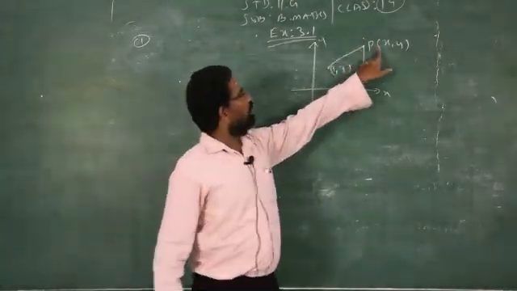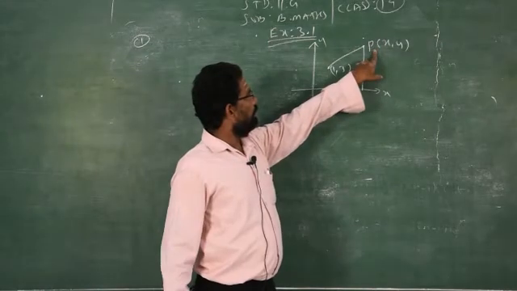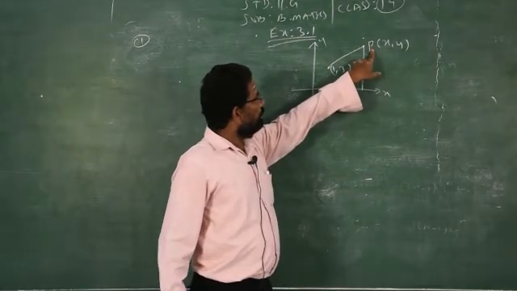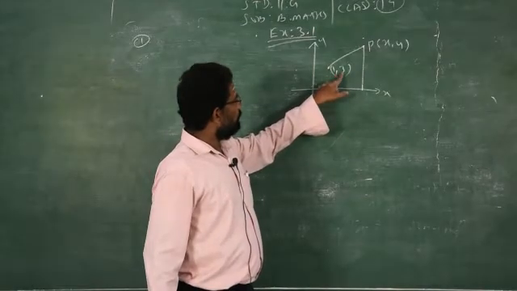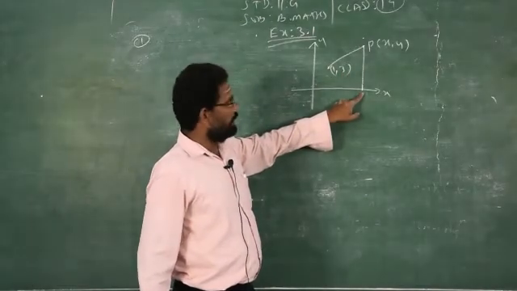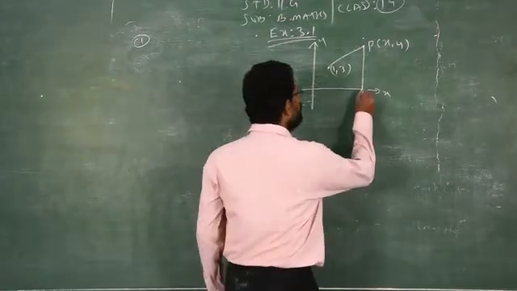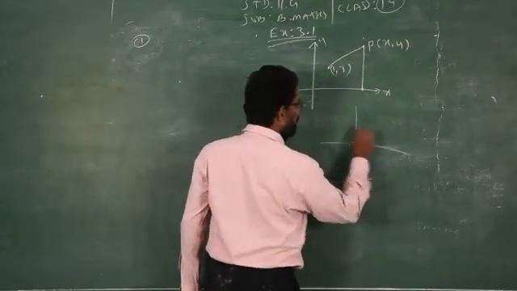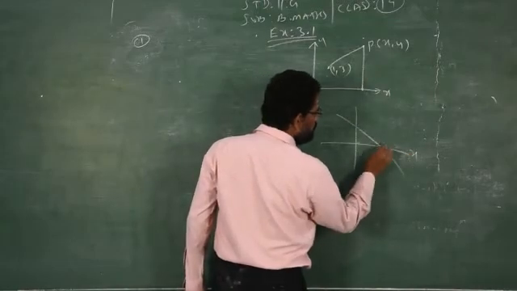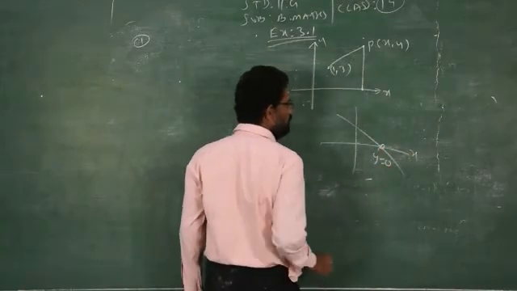Find the locus of a point P. This point P will be equidistant from (1, 3) and also from the x axis. If any straight line meets the x axis, y will always be 0.